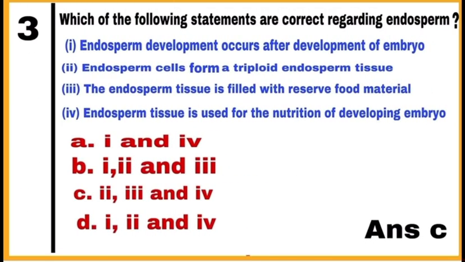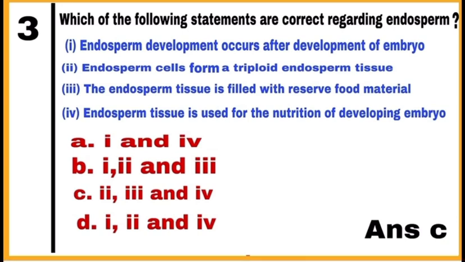Question 3. Which of the following statements are correct with reference to endosperm? Statement 1. Endosperm development occurs after the development of embryo. This is wrong. Endosperm development occurs before the development of embryo. Statement 2. Endosperm cells form a triploid endosperm tissue.